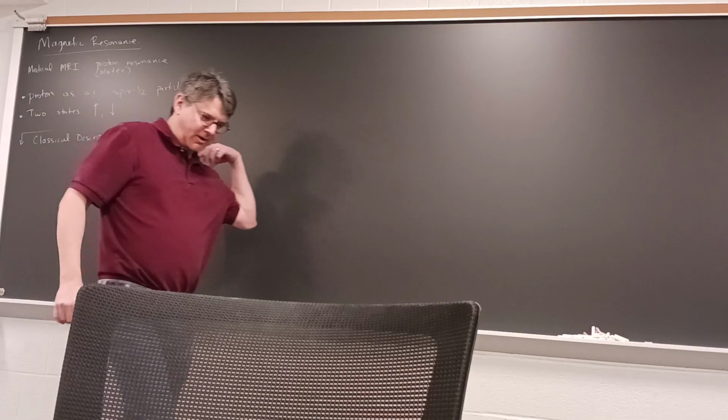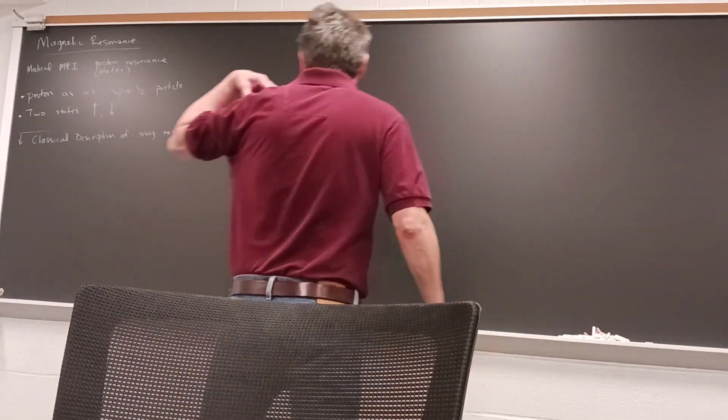So classically, there's a lot going on here, so I want to talk about it classically first. We have a large external field. We can call this the z direction.